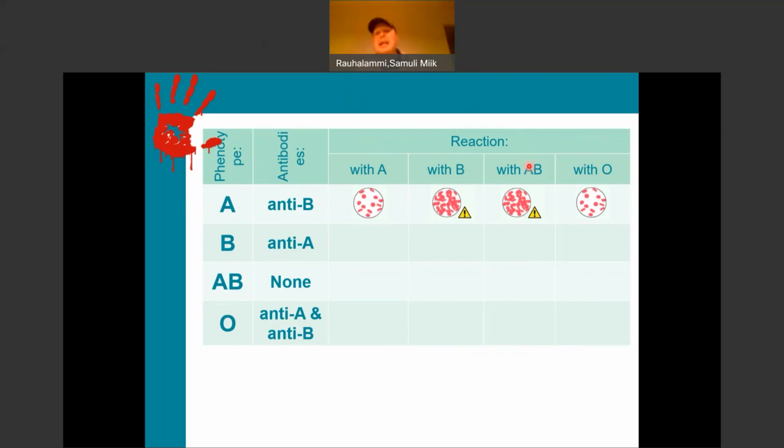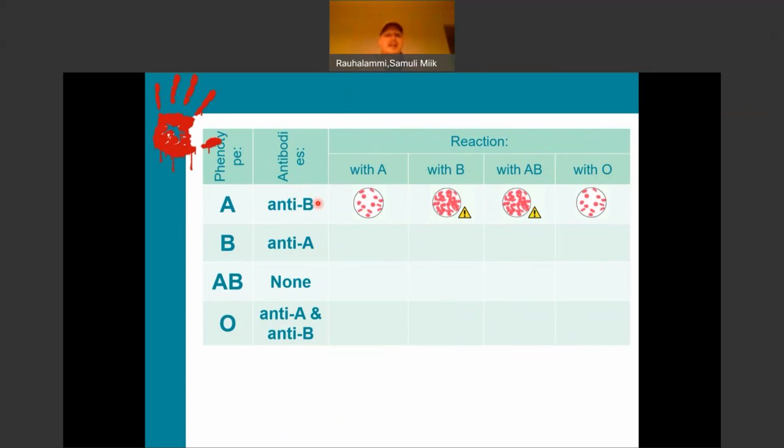But it is this B portion. Remember, this individual with blood type AB had both antigen A and antigen B on the surface of their cells. So because they also have these B antigens on the surface of their cell, your body is constantly looking with the antibodies for anti-B, any cells that might have B antigens on their surface.